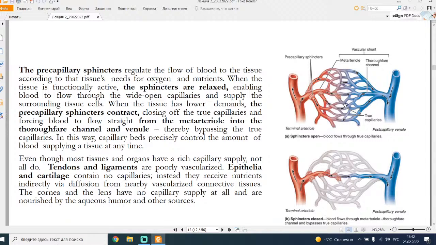When the tissue has small demands, the precapillary sphincters contract, closing off the true capillaries and forcing blood to flow straight from the meta-arteriole into the thoroughfare channel and venule, thereby bypassing the true capillaries.